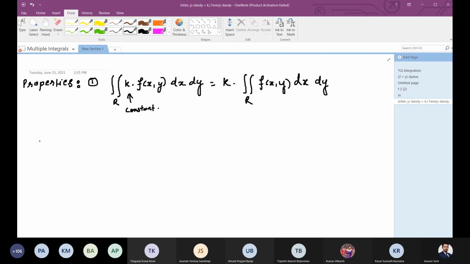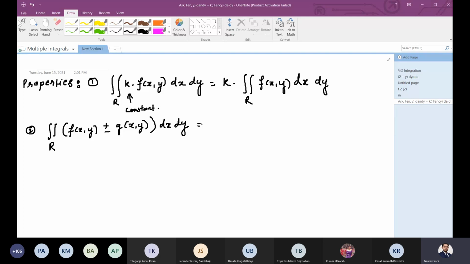Second, double integral over R of f of x comma y plus or minus g of x comma y, dx dy. We can write them separately.